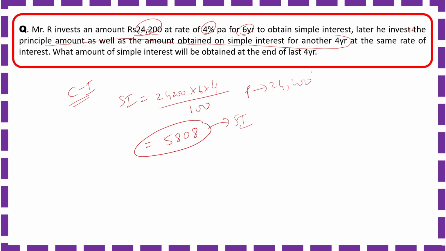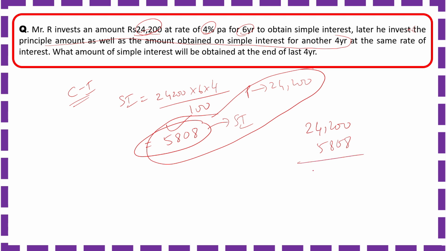Now he combined these two, the principal as well as the interest, and he invested this combination for 4 years, right? So now 24,200 plus 5,808 becomes 30,008, right? So this one is the principal for the second case.